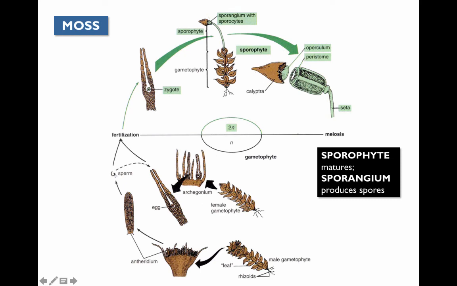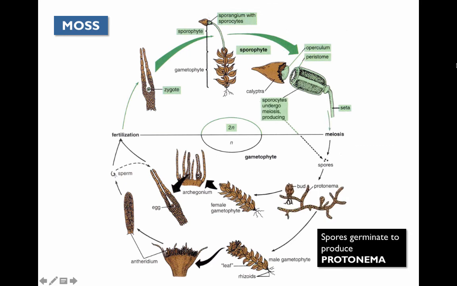It has a torn lower margin where it was broken away from the base of the archegonium. And underneath that calyptra we have the operculum, a lid that blocks the top of the sporangium. And here we have the peristome teeth regulating the dispersal of the spores. And inside the sporangium we have the spores themselves.